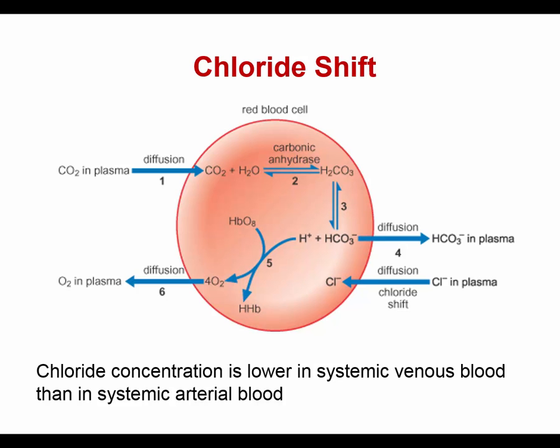So everything in here is happening inside the red blood cell. Bicarb is going to come out, but there is a catch. Every time one bicarb comes out, you got to have a chloride ion come in. Chloride ion has to be coupled to bicarb. If you are losing one negative charge, by bringing one chloride charge, you keep everything balanced. Okay?